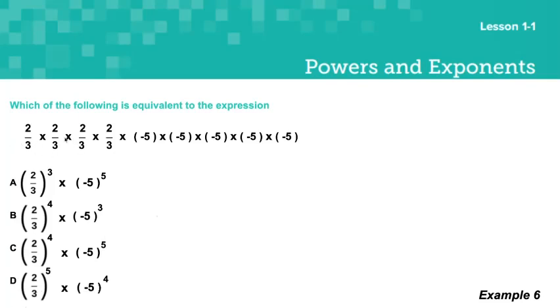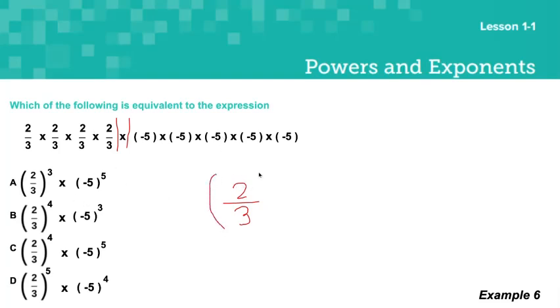What is the repeating number on the first side? It is 2 over 3. Then we see how many times the 2 over 3 is repeating. It is repeating 4 times.